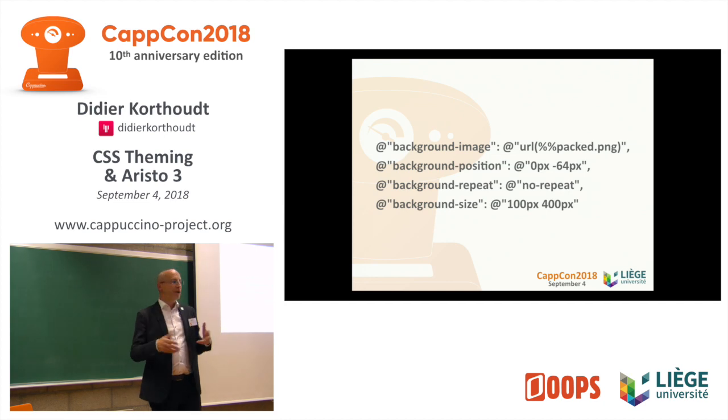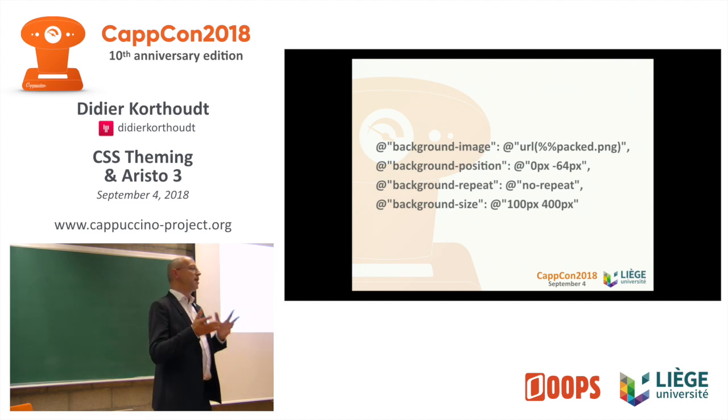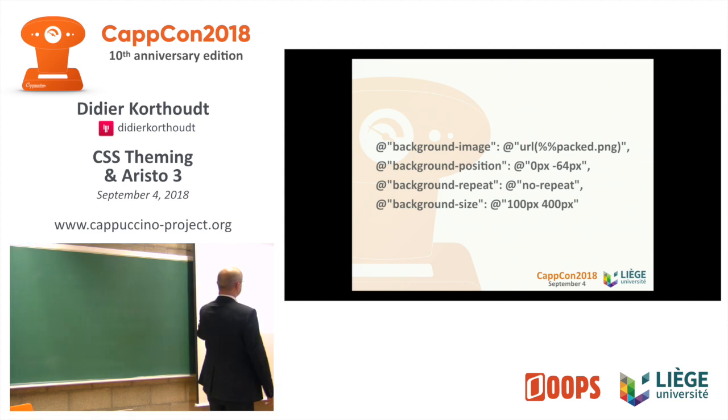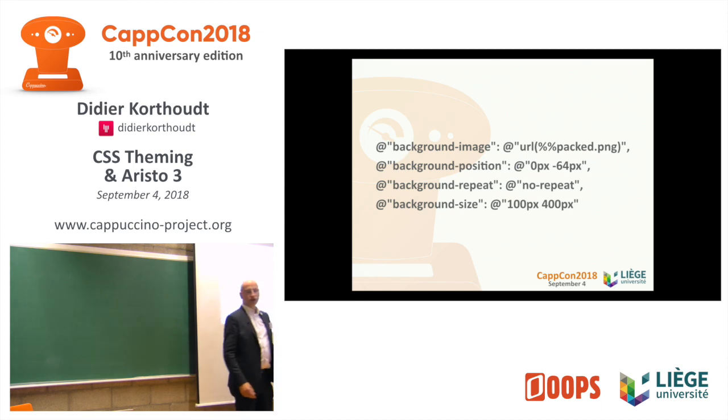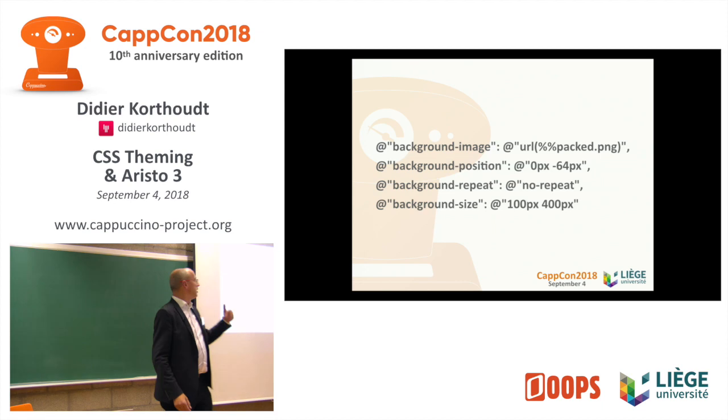Not everything in the UI can be transformed into pure CSS. So sometimes you need images, small images, and what I've done is to pack all those small images into one image, here packed.png, and using CSS instructions, you can pick the right picture and put it on screen.